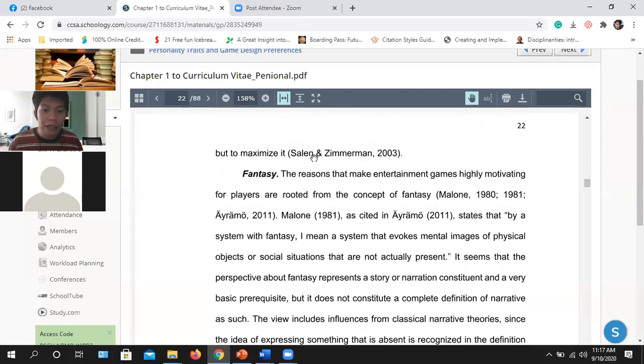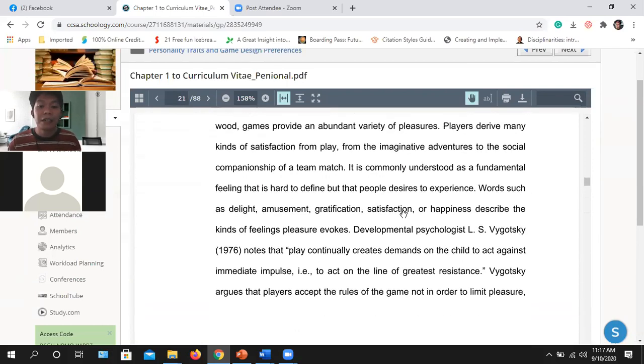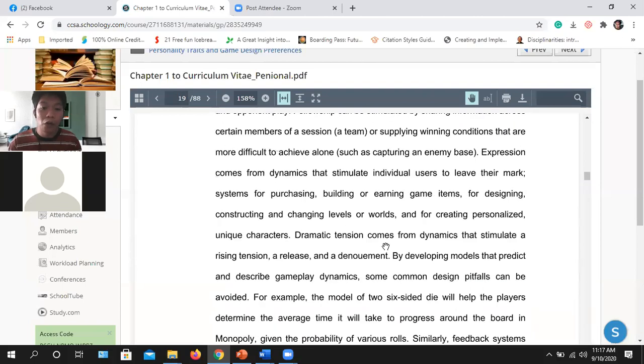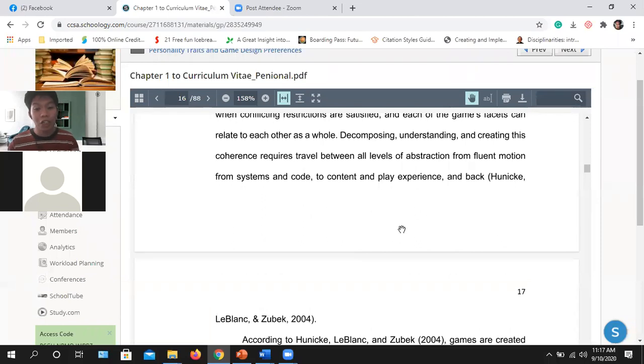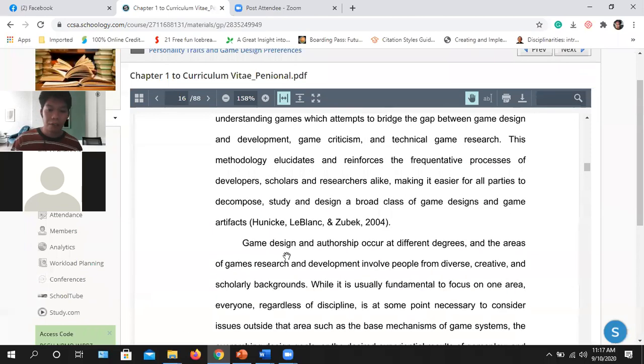For example, Salen and Zimmerman are not the proponents of the MDA, but you can include their studies as other related literature.